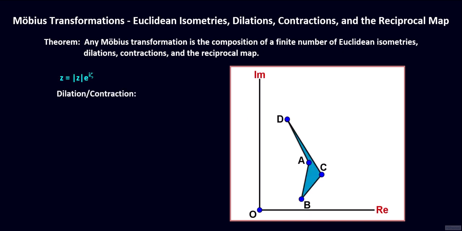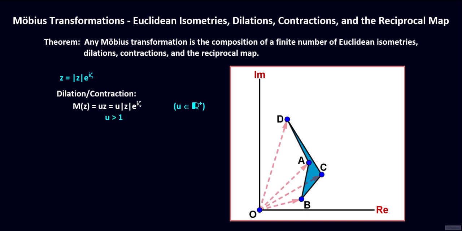A dilation/contraction, in contrast to the other mappings, is not a Euclidean isometry since it changes distances between points unless it is the identity map. Each dilation/contraction is associated with a fixed positive real number u. If m is the associated dilation/contraction, then m of z equals u times z, which is equal to u times the absolute value of z times e raised to the power i times zeta.